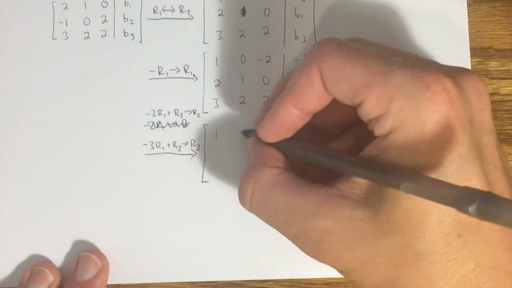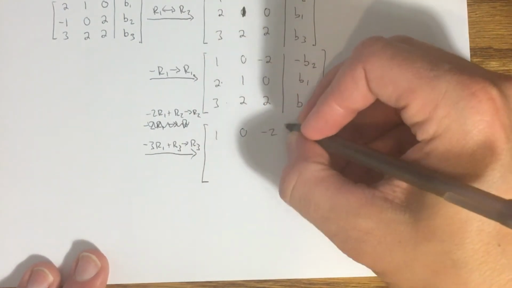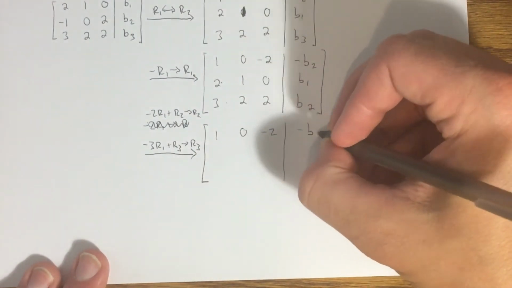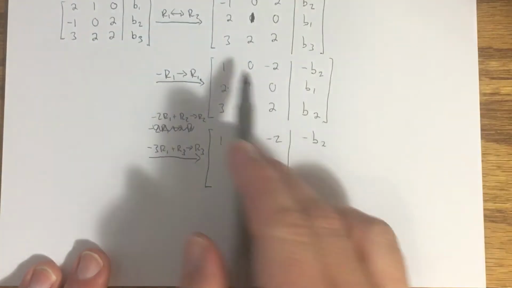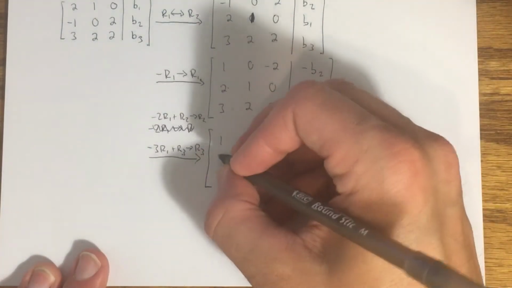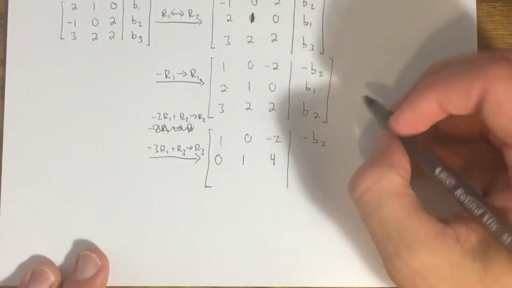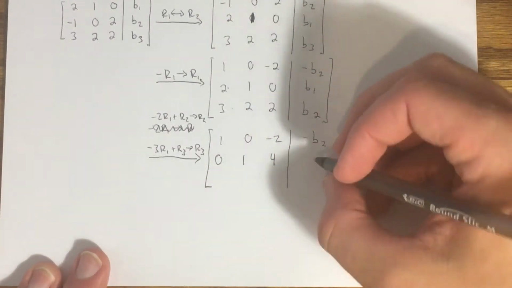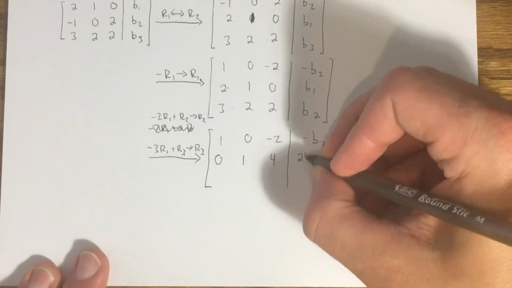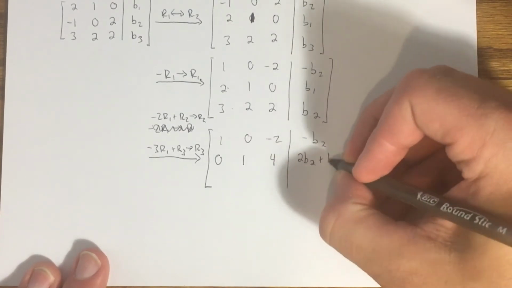Okay, so my first row is not changing. 1, 0, negative 2, negative B2. Multiplying by negative 2 and adding to my second row, I'll get 0, 1, 4, and negative 2 becomes 2B2 plus B1.